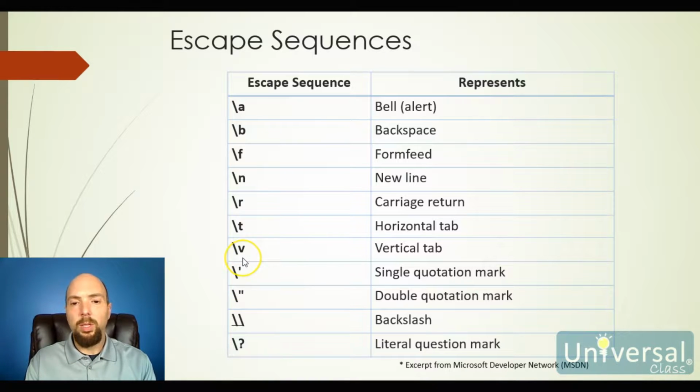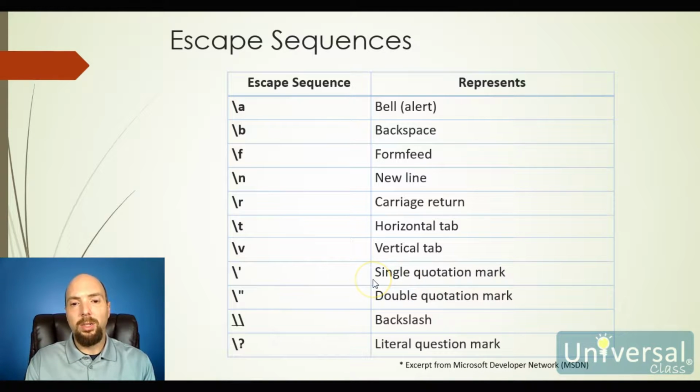We can put single quotation marks. Now, here's the catch: if I'm trying to write text out to the screen and I want my text to include a quotation mark, I can't do it because the quotation mark would tell the system, hey, this is the end of my text. But if I use this delimiter, this backslash, and then put the quote, then the system will say, okay, well, they put a backslash and a quote, therefore they want to display a single quotation mark.